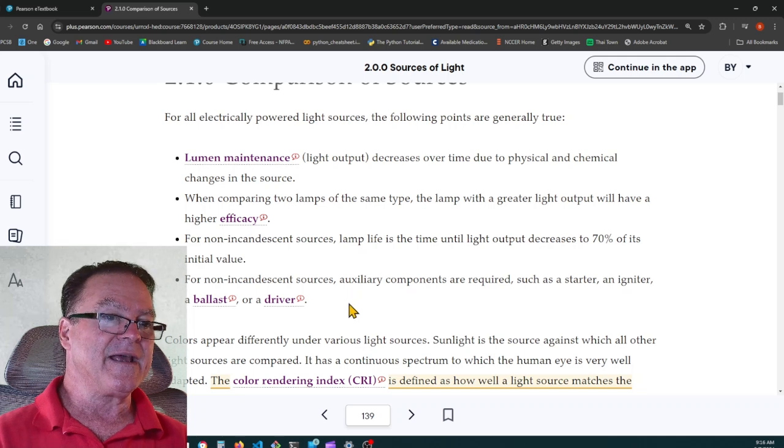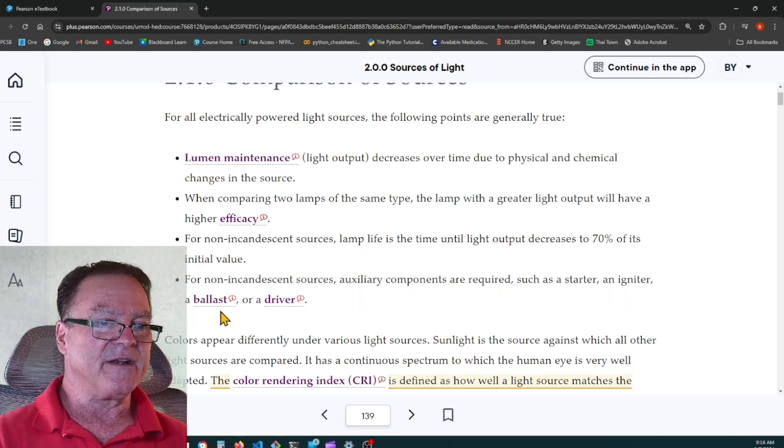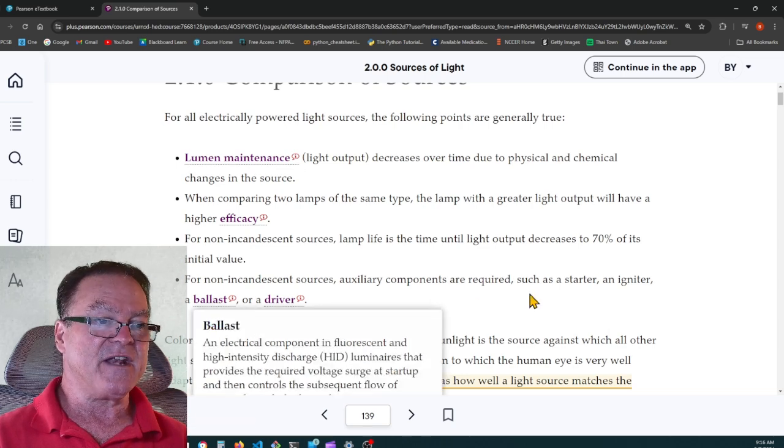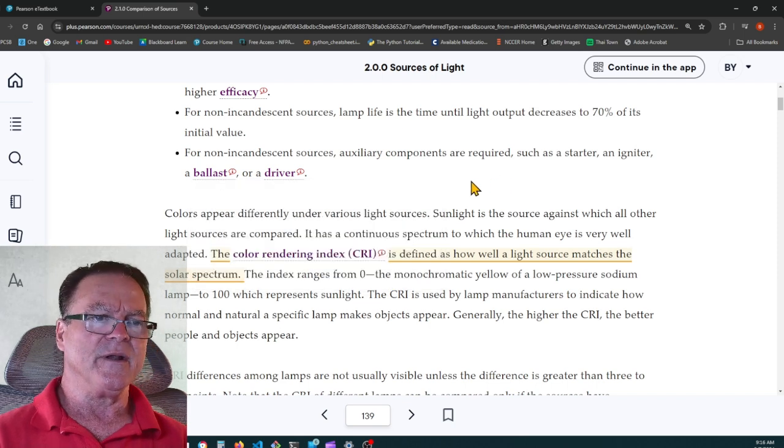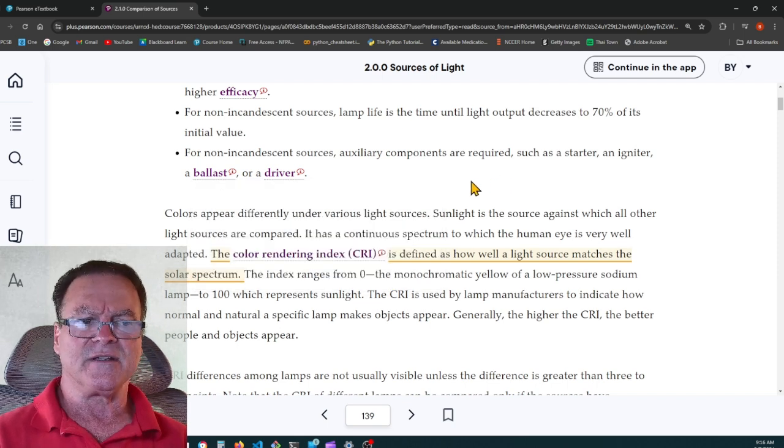For non-incandescent sources, auxiliary components are required, such as a starter, an igniter, or a ballast that changes the input voltage, an electrical component in fluorescent and high-intensity discharge luminaires that provides the required voltage surge at startup and then controls the subsequent flow of current through the lamp during operation. I don't want to lie to you, but it's my understanding that fluorescent lamps start at about 600 volts and then they run at about 250 volts.